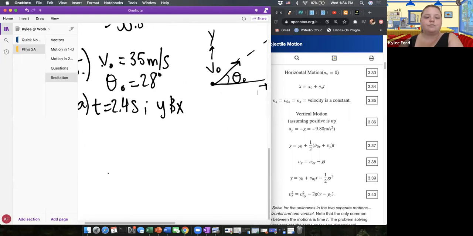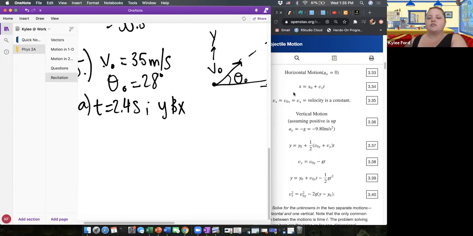All right, so what I start doing is I start looking at these equations and say, okay, which one fits what I have, what I know, and what I need. So I have my velocity, my V naught, which can be put into V naught x or V naught y. I have my initial angle, and I have my time.